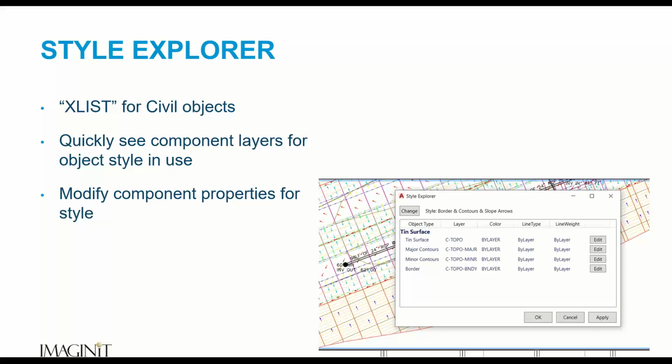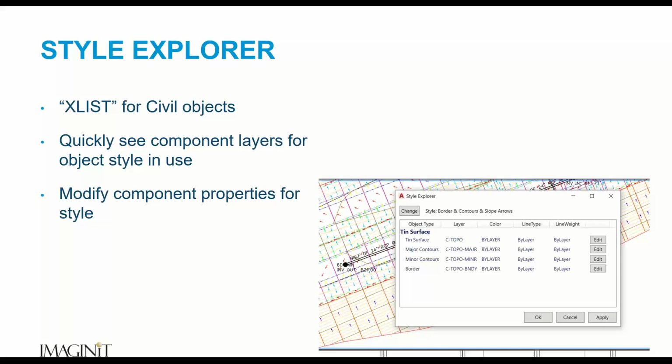And what AutoCAD or Civil 3D returns is just really the layer that the object resides on, the insertion layer of that object. But you can't get to, well, what about the component layers? What layers are the contours on, major and minor, the break lines, things like that.